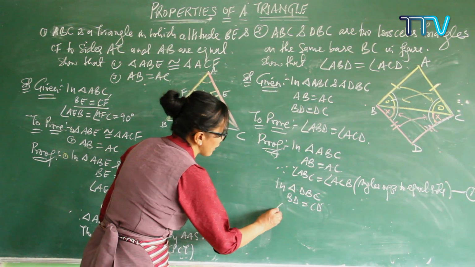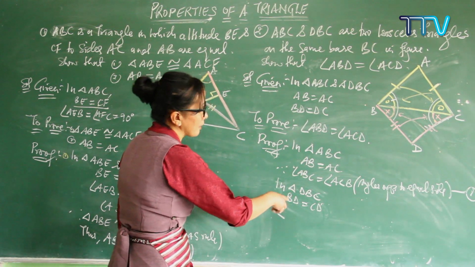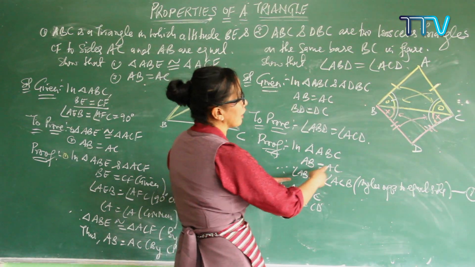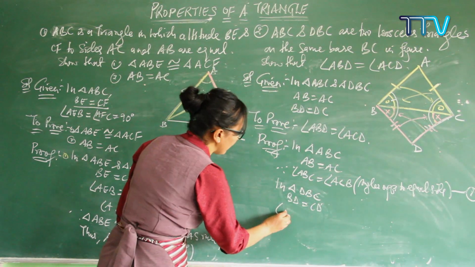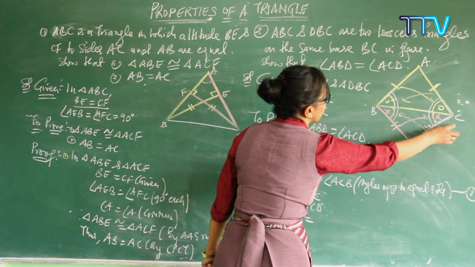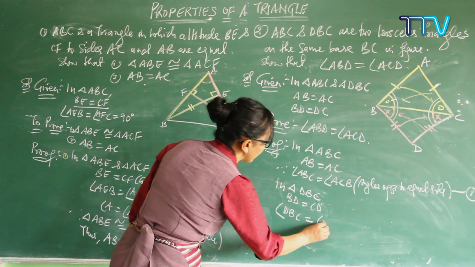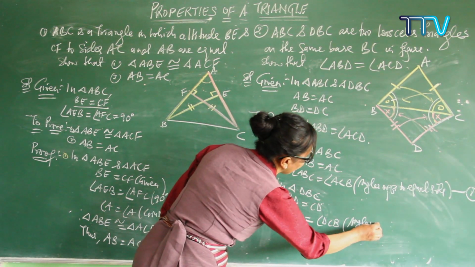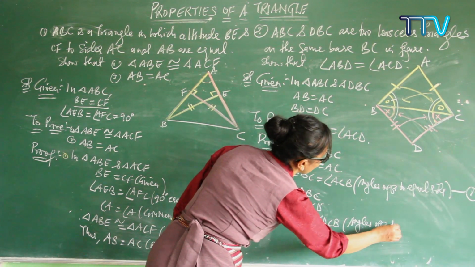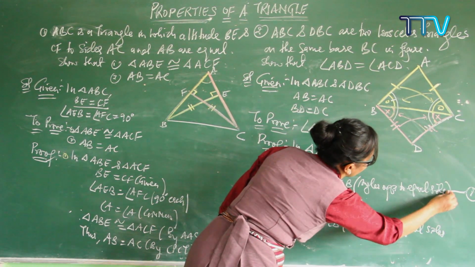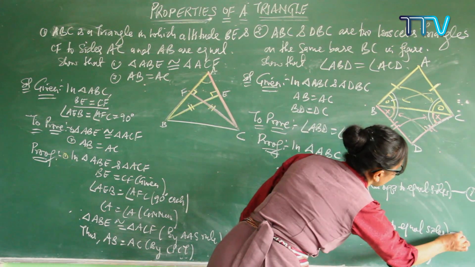So write it down, angle DBC is also equal to angle DCB. Again, same, listen. Angles opposite to equal sides are always equal.